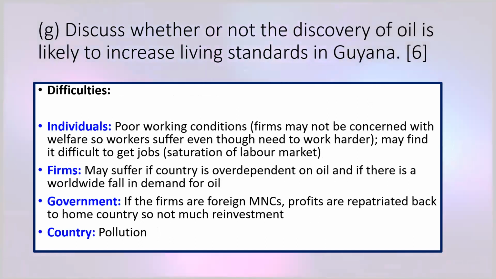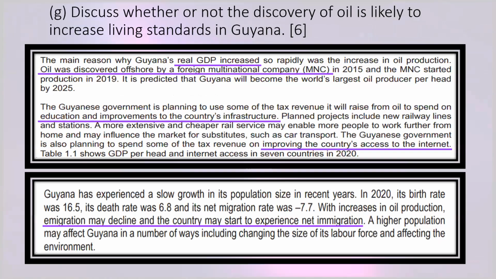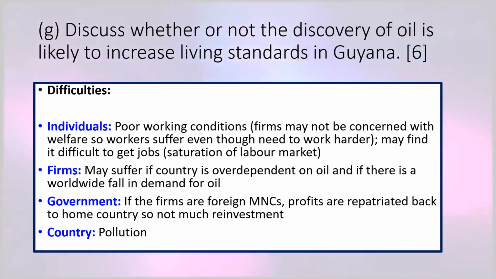Hope this makes sense. The disadvantages also you should be putting down, pretty much the reverse of what you can find in the passage. Take your time, read through. If you have questions, please ask.